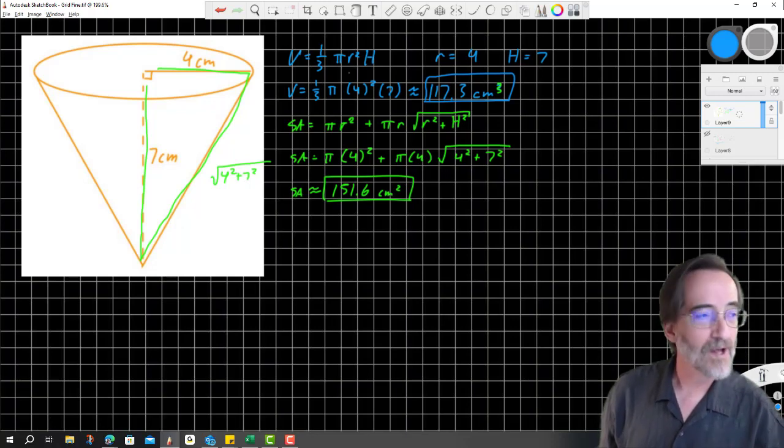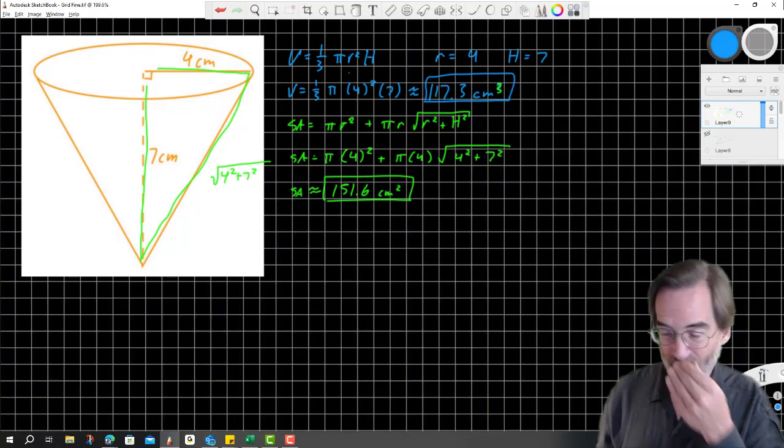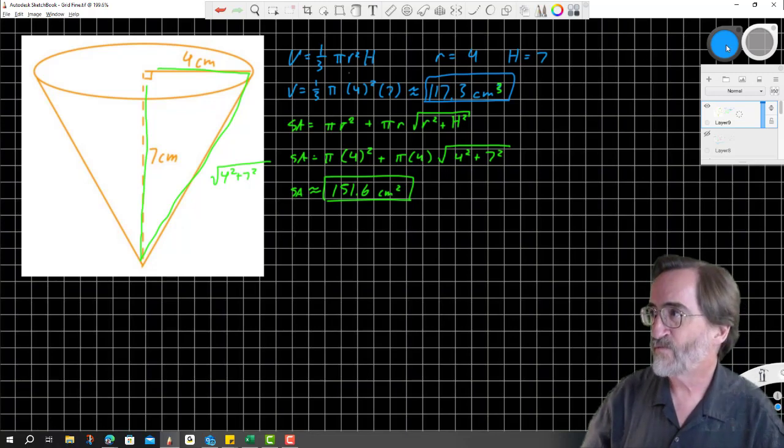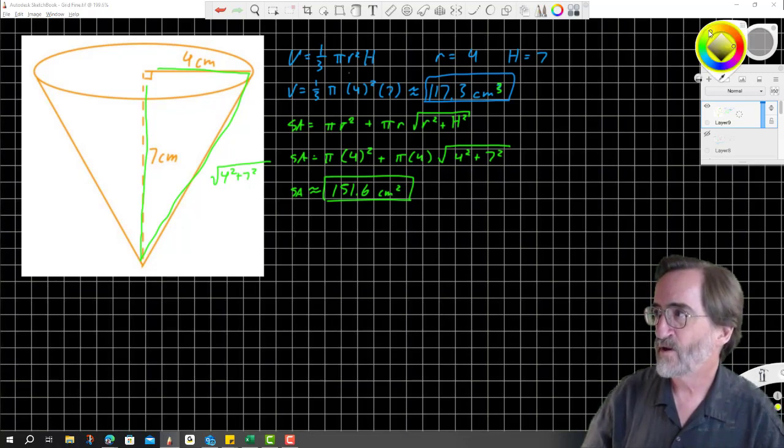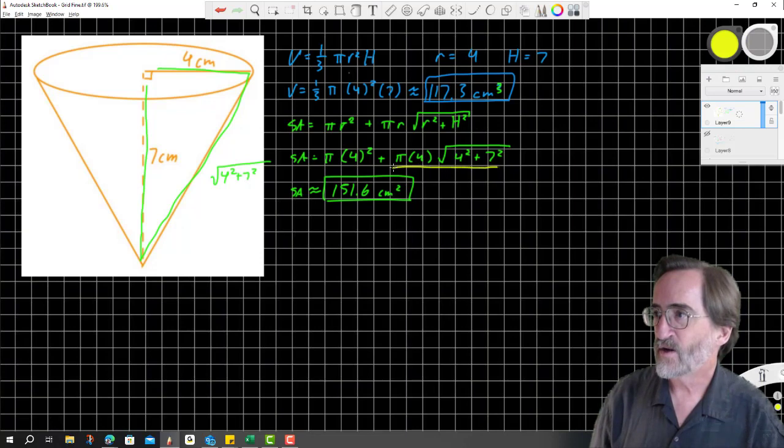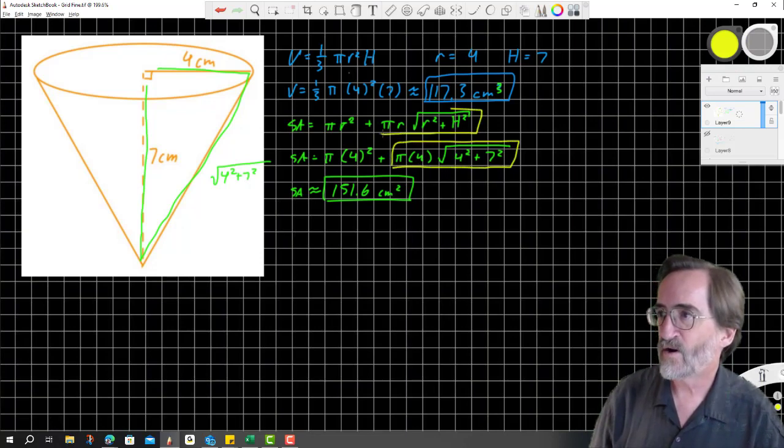All right. We're also asked to find the lateral area. The lateral area is just one small part of the surface area formula. The lateral area is right here. Pi r squared, pi r l. That's the lateral area. So the lateral area is pi r times the square root of r squared plus h squared.